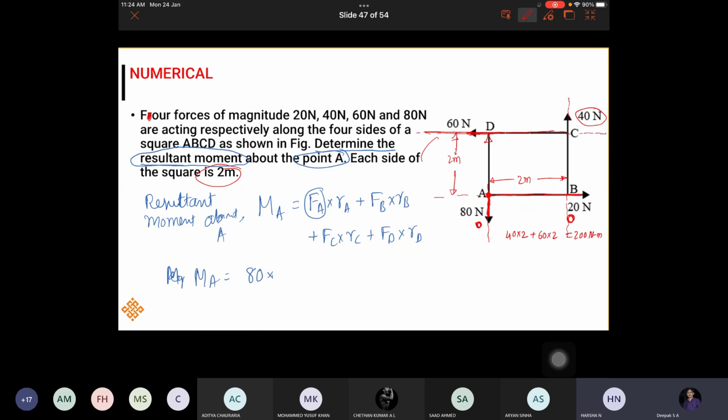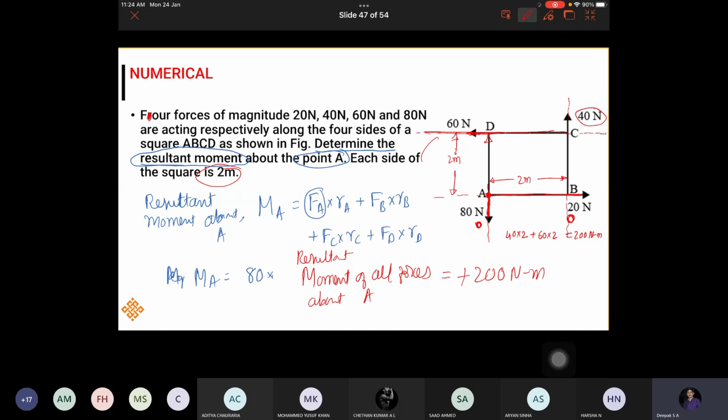Finally you have to write like this: the resultant moment of all forces about the point A is equal to 200 Newton meter.